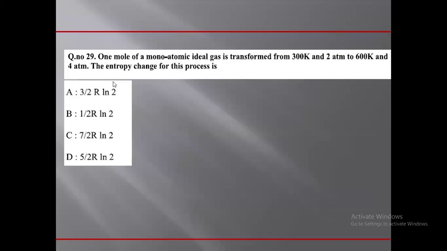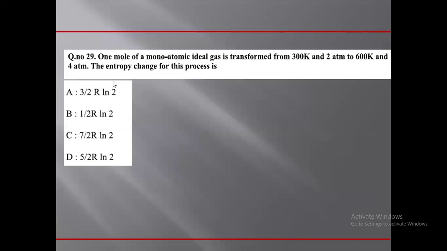Question number 22. One mole of monoatomic ideal gas is transformed from 300 Kelvin and 2 atmospheric pressure to 600 Kelvin at 4 atmospheric pressure. The entropy change for this process is.